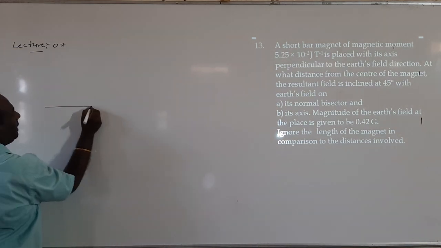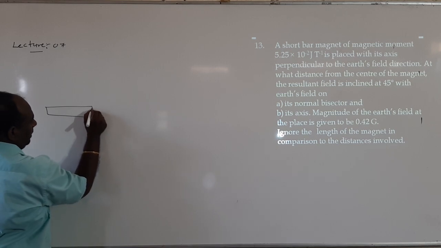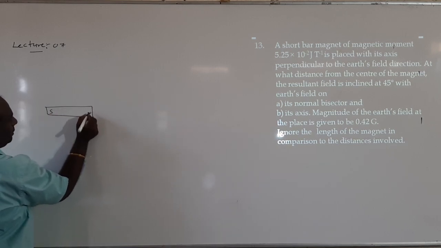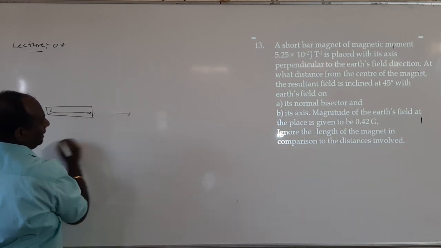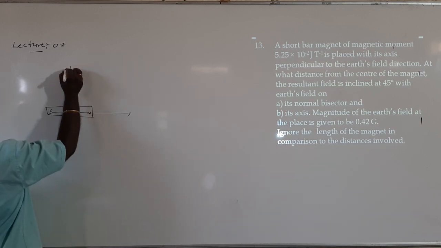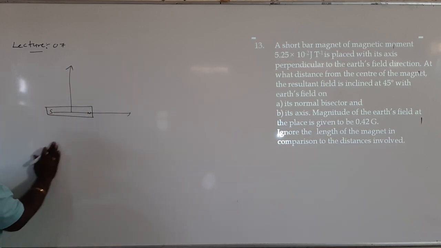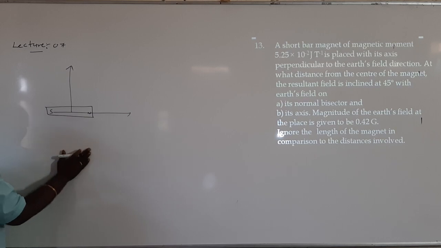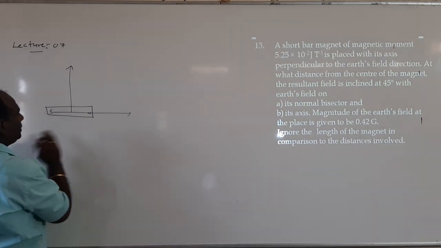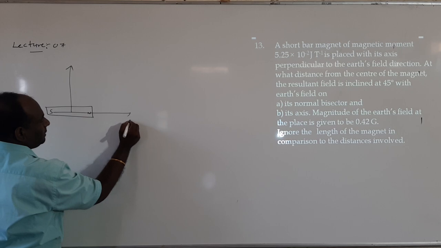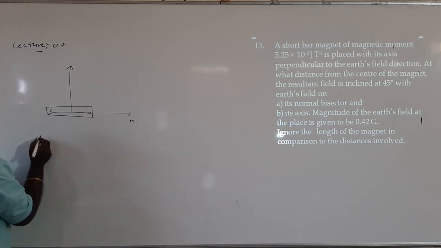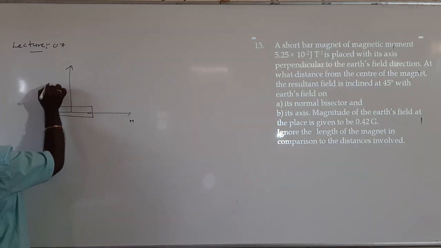See, this is a bar magnet. Assume this is the south pole and this is the north pole. The magnetic moment of this bar magnet is in this direction, and the earth's magnetic field is in this direction. So these two are mutually perpendicular to each other. Because of the bar magnet, the magnetic field produced is in this direction.